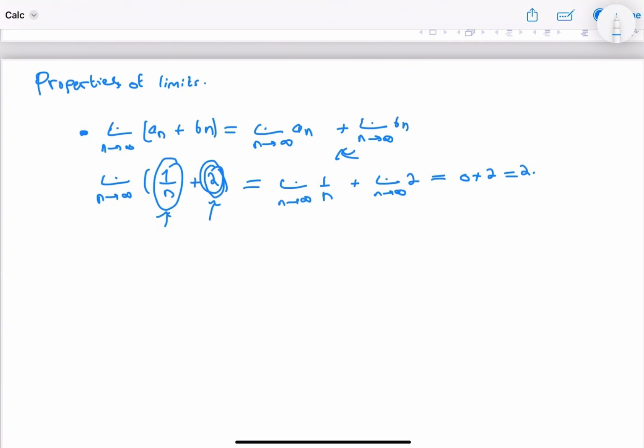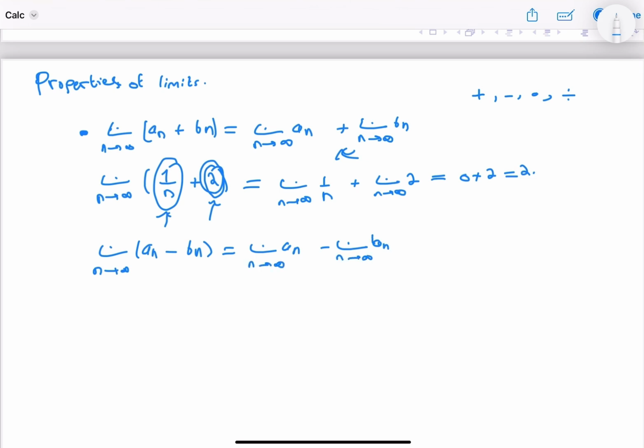In other words, limits respect the arithmetic operations: the plus, the minus, and the times. They also respect division under a certain condition that we're going to talk about. As I mentioned, it also respects subtraction. If you have a subtraction of two sequences, the limit of the difference is the difference of the limits, so you can just separate the limits as such.